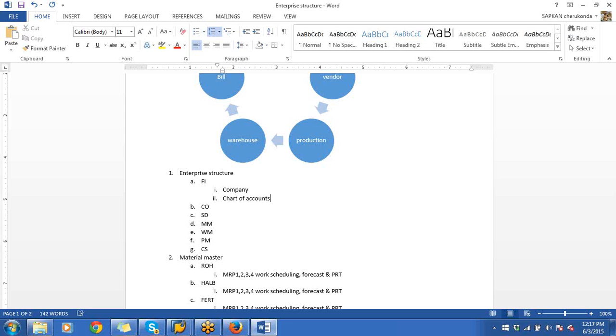Otherwise, everything is an independent object or entity, but you need to link them to create a relationship. In SAP terminology that is called define. Then once you define two things, assign them. That's what we do in the configuration.